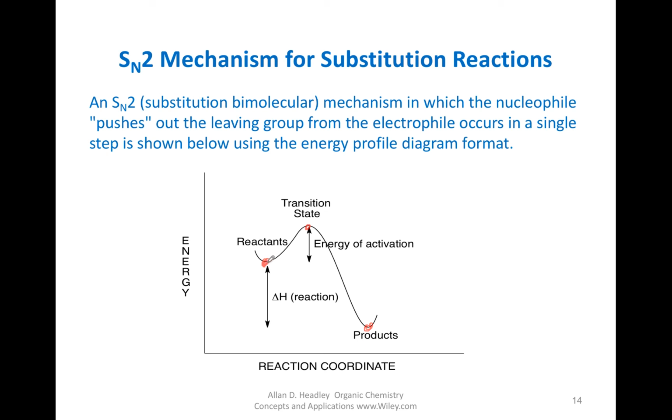Notice again, this is the energy of activation. So if this is pretty large, it's a slow reaction. If this is pretty small, it's a fast or favorable SN2 reaction.